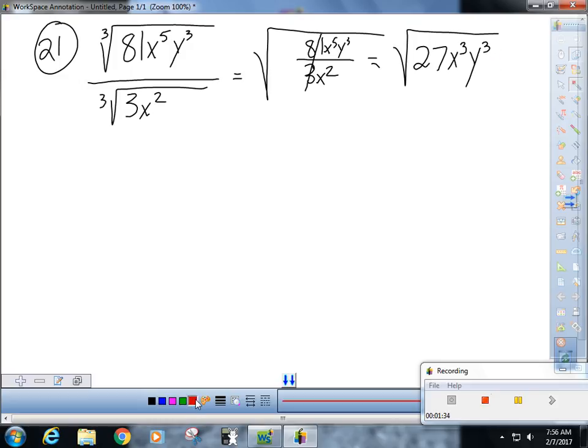Okay? What number times itself 3 times, excuse me, this is all cube roots, gives you 27? That number is 3. What number times itself 3 times gives you x cubed? X. Y, and so the answer is 3xy. Okay?